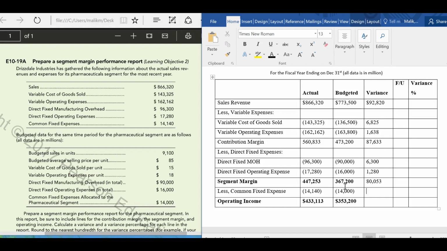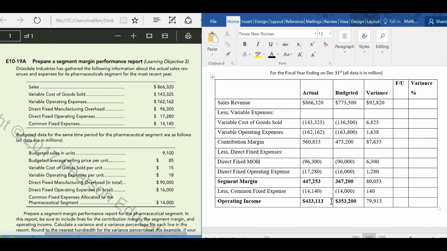And for the last expense item, common fixed expense, the difference is 140. Again, I'm ignoring all signs, it's just the absolute value. And for the operating income, the difference I found is 79,913.